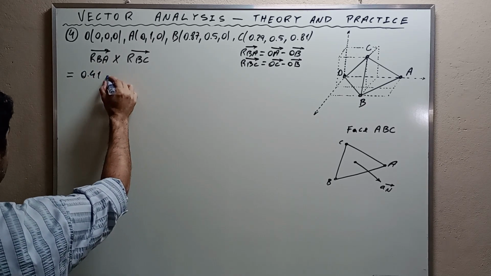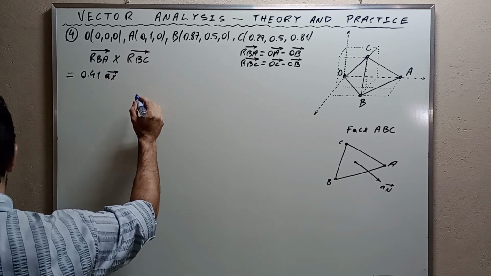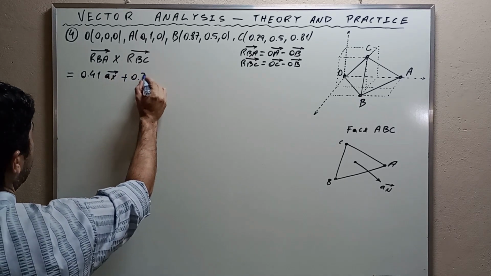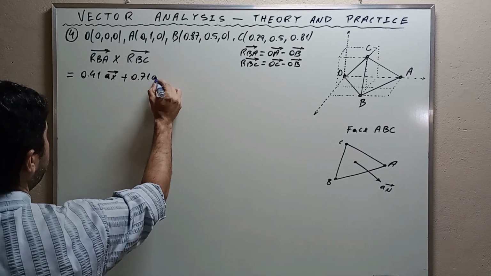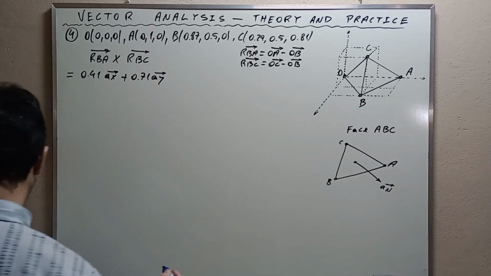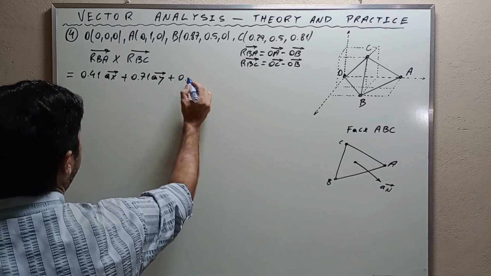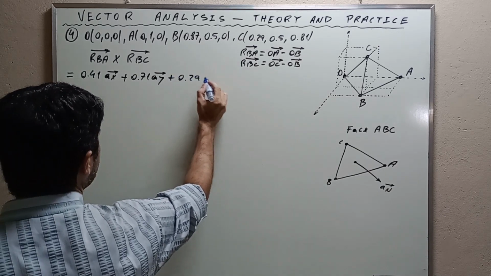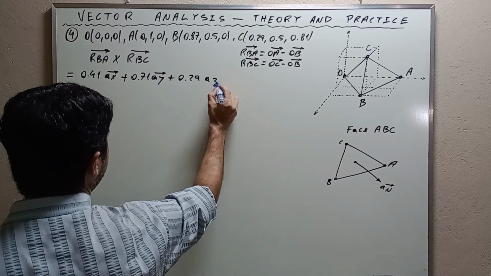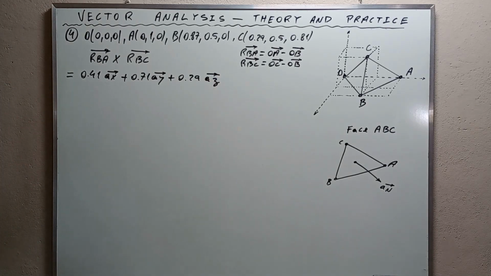0.41 AX plus 0.71 AY plus 0.29 AZ. Okay? Remember that AX in a cross product with AX is 0, okay? Because the sine between them is 0 degrees and the sine of 0 degrees is 0.